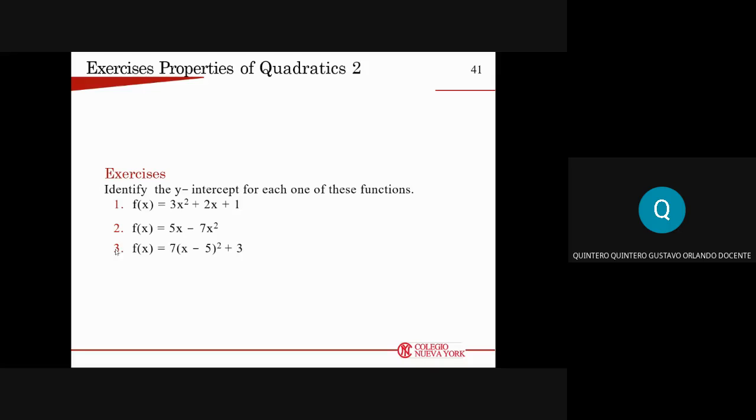And number 3, I am not going to ask you now because number 3 has a little complication. You have to do something more, right? And I want to see if some of you can do that at home later. If you care about math, if you're interested in math, go ahead and give 3 a practice. If not, that's okay. We're going to practice this later. So it doesn't really matter.